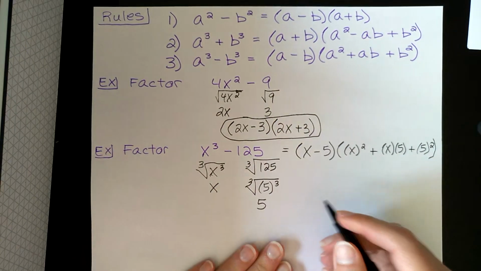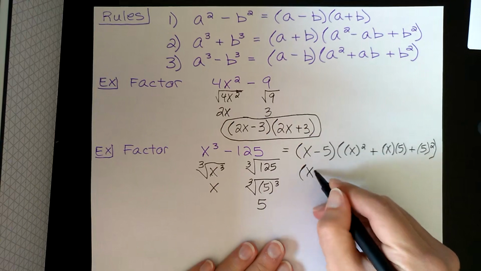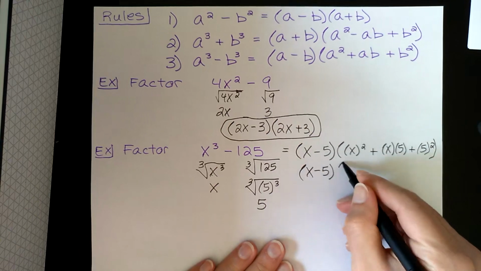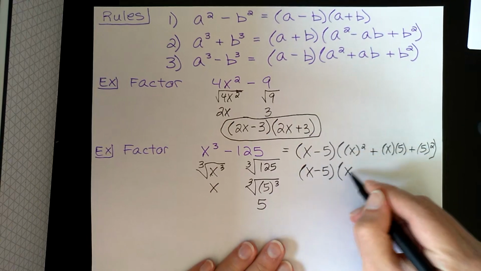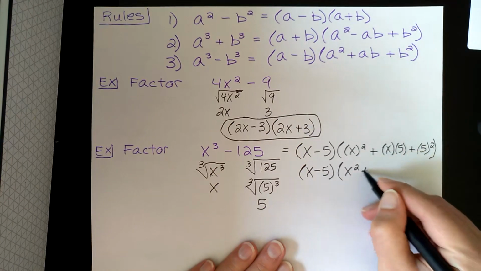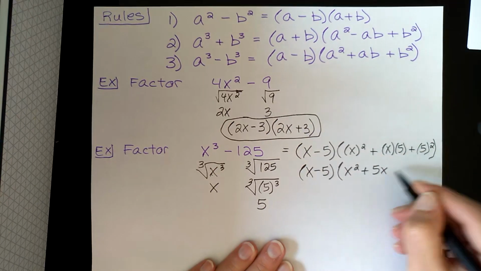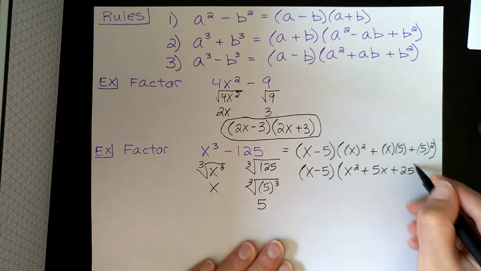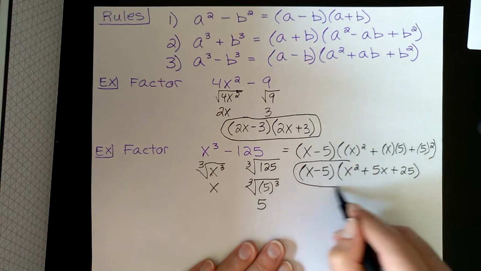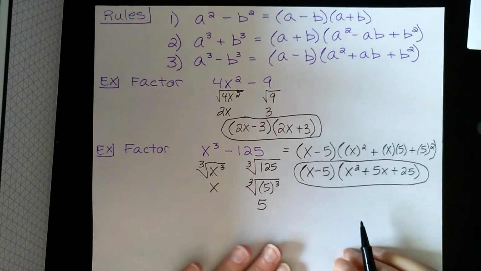And simplifying this, we get x minus 5 times x squared plus 5x plus 25. And that is completely factored.